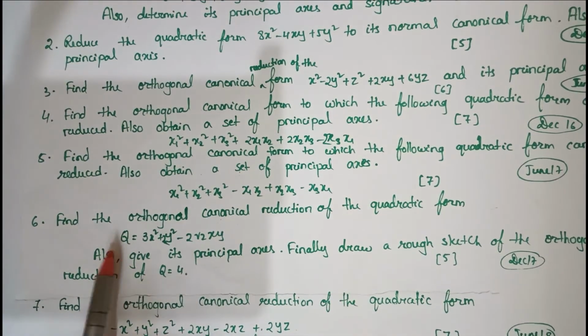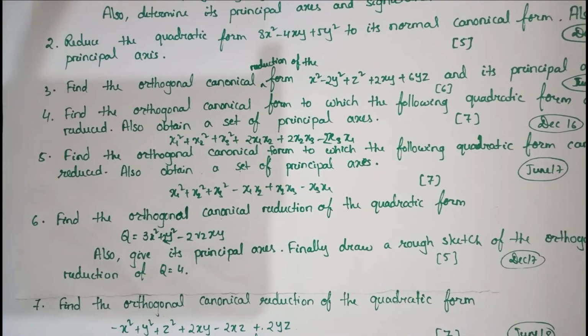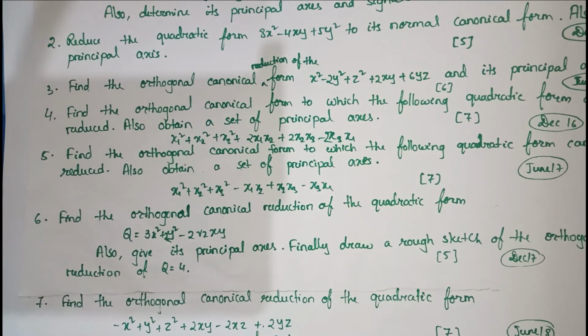So this is number 6. There is one more question attached to it, that is, after finding the orthogonal canonical reduction and principal axis, you have to draw a rough sketch of the orthogonal canonical reduction of Q equals 4.